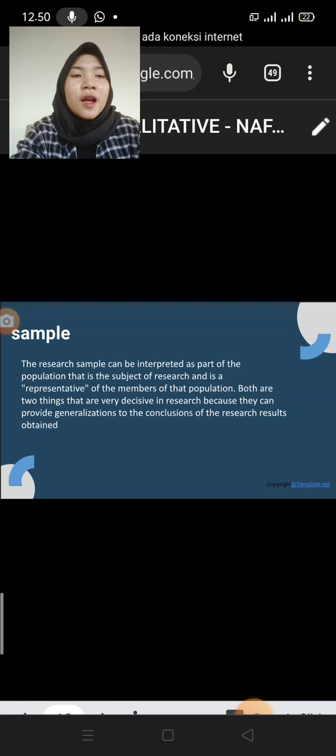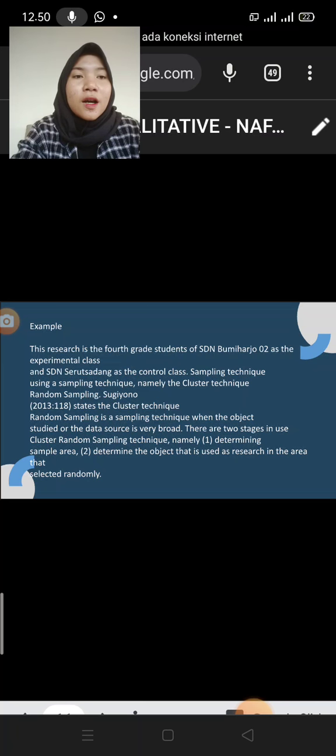Example: this research uses fourth grade students of SDN Bumi Harjo 2 as the experimental class, and SDN Surut Sadang as the control class. The sampling technique used is cluster random sampling.